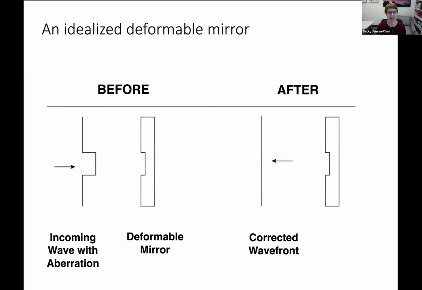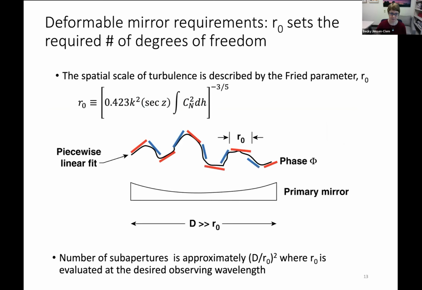So you might have, say, hexagonal segments, kind of like a miniature version of a segmented space telescope mirror. And those might be pistoned and tipped and tilted. But all of these in an adaptive optics context are designed to do the same thing, which is correcting for the wavefront aberrations. So I'd like to talk a little bit more about the key requirements for a deformable mirror.